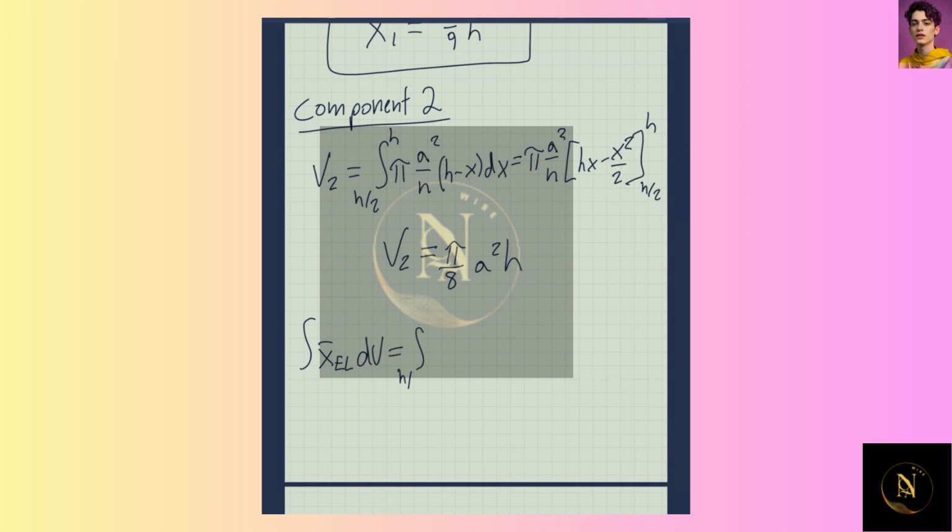Now we need to solve for the right side of our centroid equation, which is the integral of the differential element dv, integrating from h over 2 to h again. And just like the first component, we can plug in x for the differential element, and then we know dv as well.